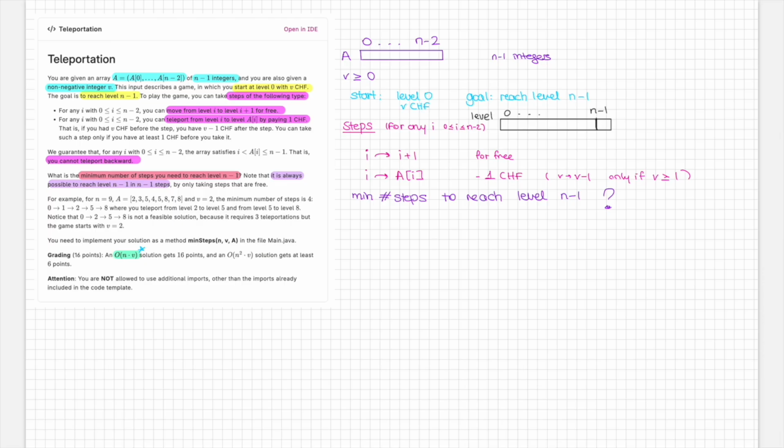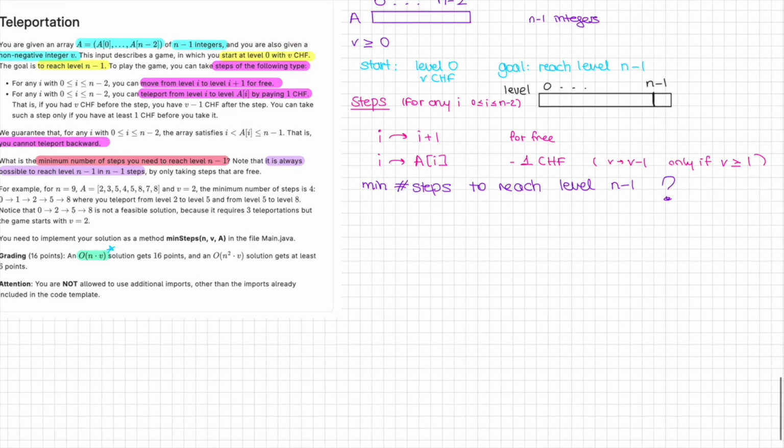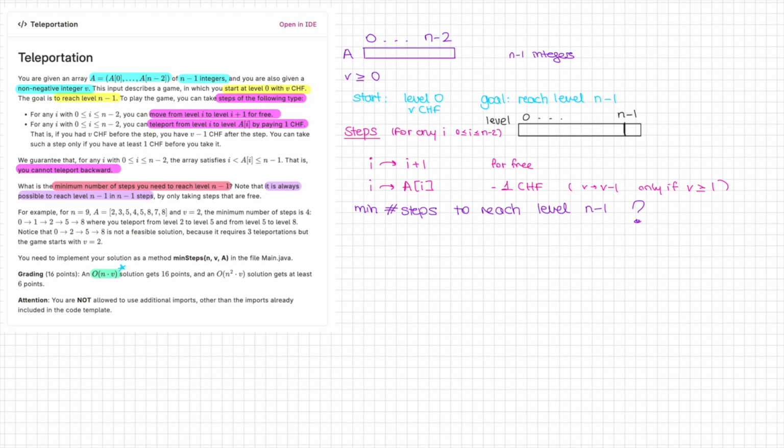So first, let's define our DP table together. An O(n times v) solution gives us a hint. First of all, I know from this that our DP table will be 2-dimensional.